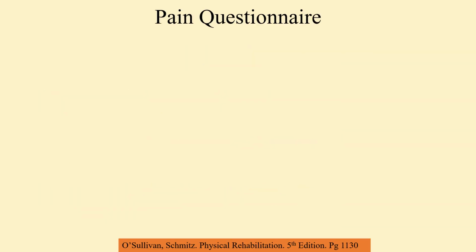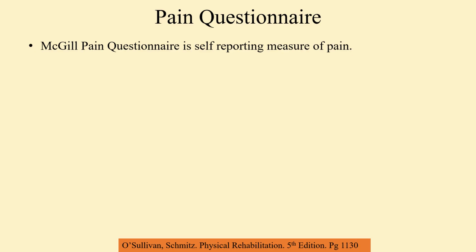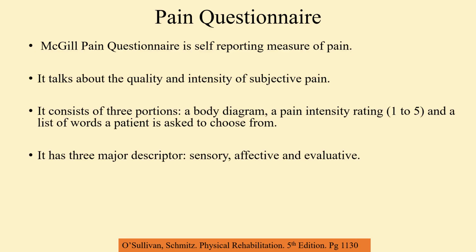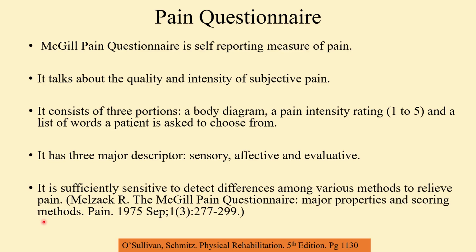The next method of pain assessment is using pain questionnaires, and the most commonly used one is the McGill pain questionnaire. It's a self-reporting measure that talks about the quality as well as the intensity of pain. VAS and NRS talk about intensity, but here we have an additional component of quality as well.